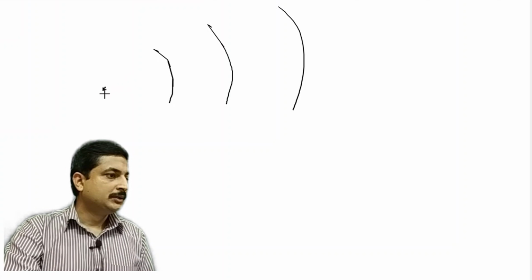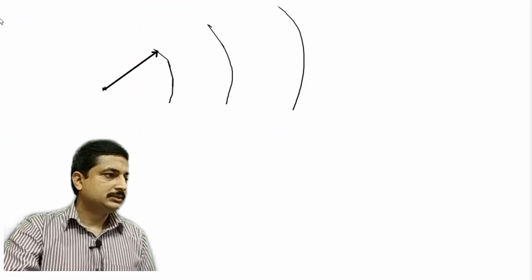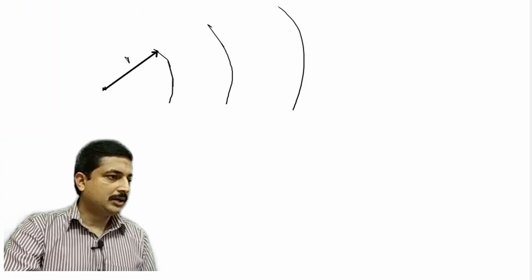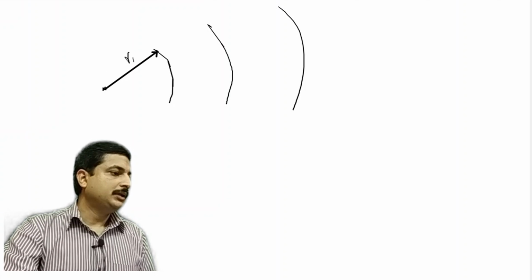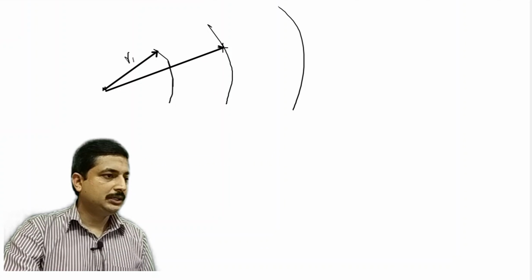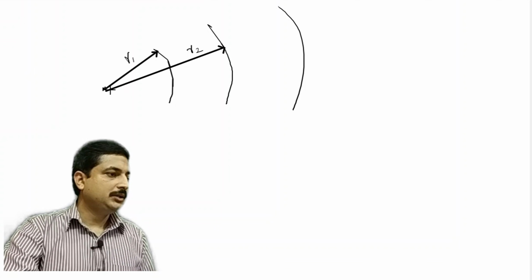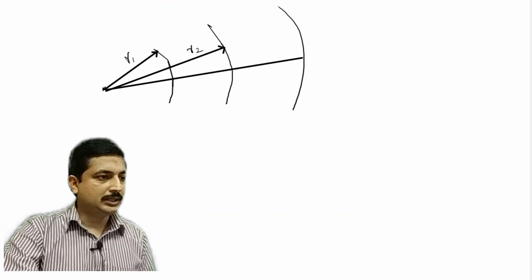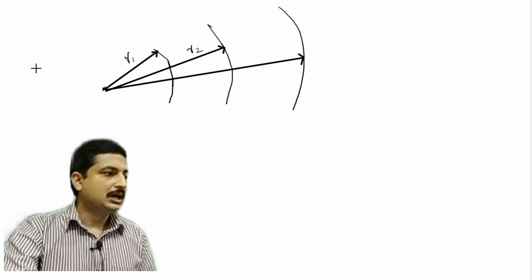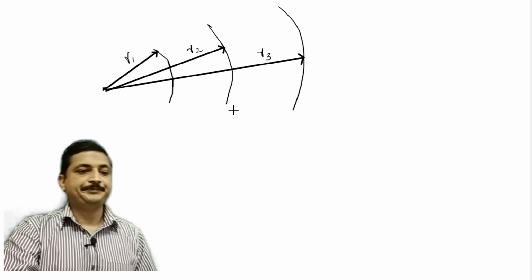So from here to this, maybe the distance is r1, from here to here maybe it is r2, and from here to here maybe it is r3. Let us consider that this is r3.